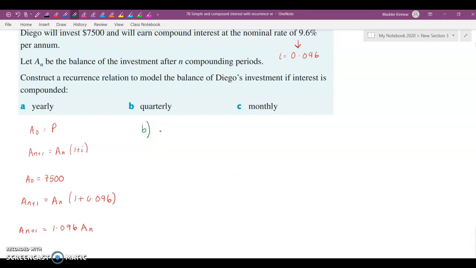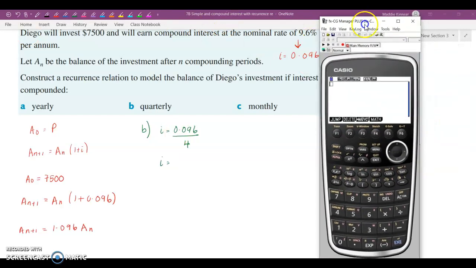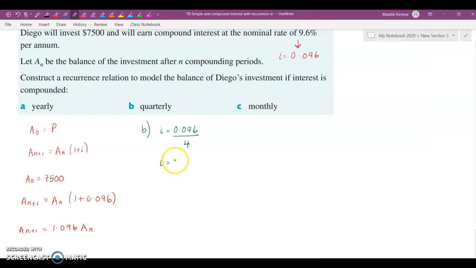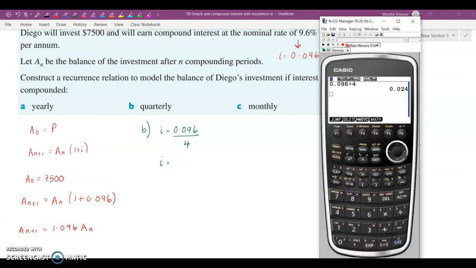So I take my interest rate of 0.096 and divide it by 4 to find out what each quarter is going to be worth. Let's grab our calculator: 0.096 divided by 4. So we get the new value of i as 0.024.